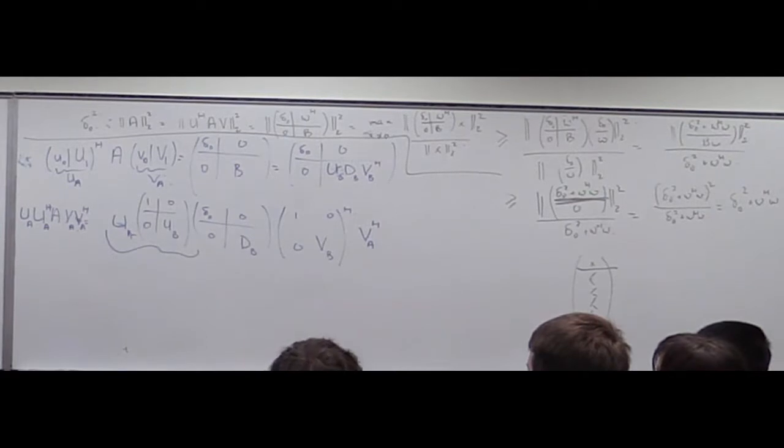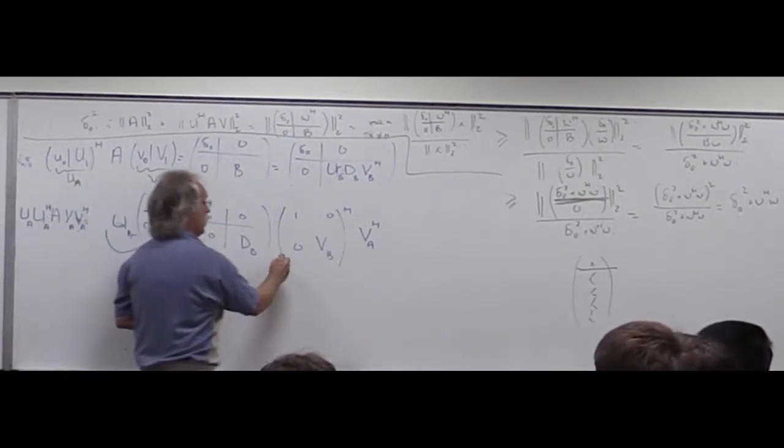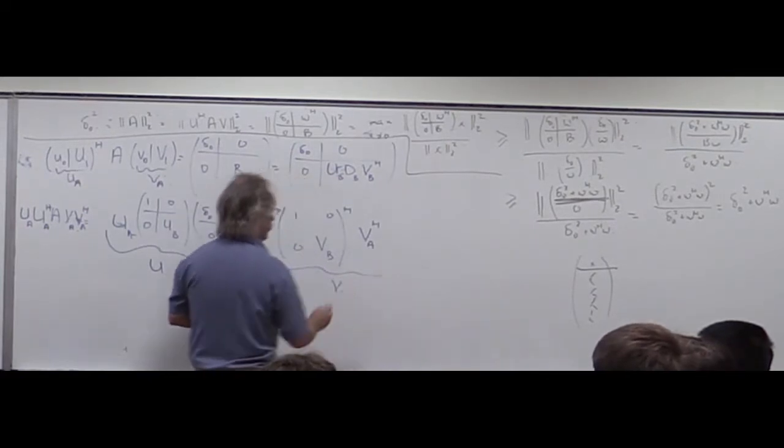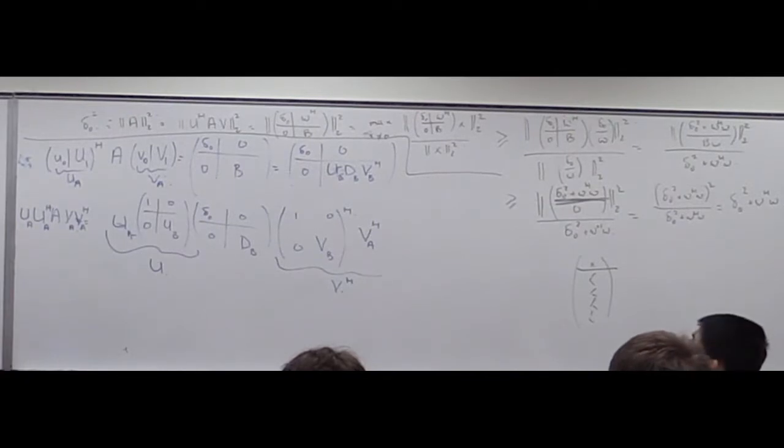And therefore, you can call this the unitary matrix U, and this the unitary matrix V, which of course would have a Hermitian on it. And you've got the result that you want. That fills in the last one.